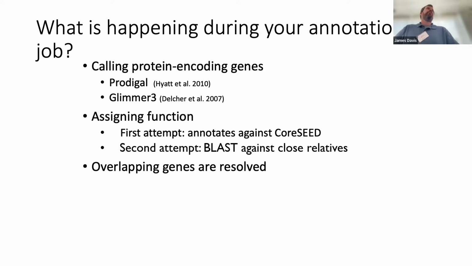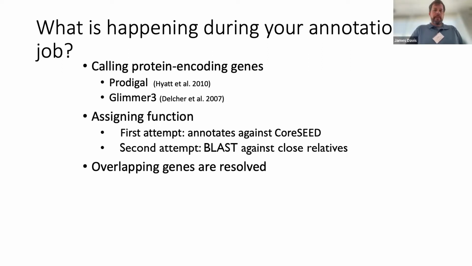And there's a little bit of wiggle room in how those protein encoding genes are called, because you have the potential for multiple start sites, and there's just noise. Glimmer has a tendency to call shorter protein encoding genes, in my experience, than Prodigal. Kind of like Prodigal a little better than Glimmer.